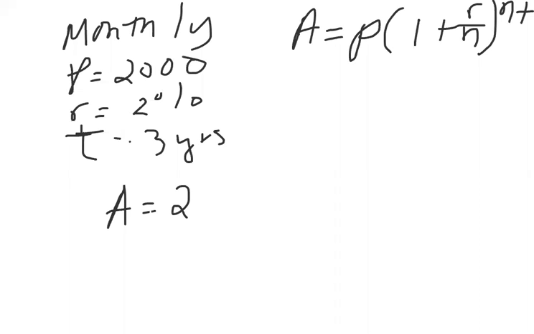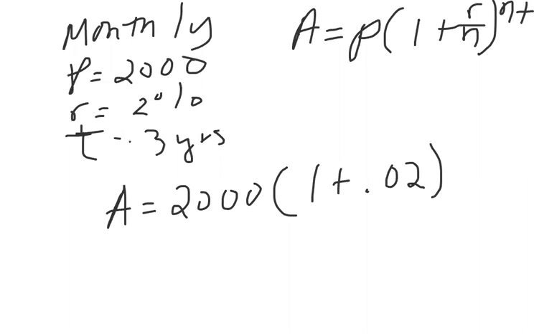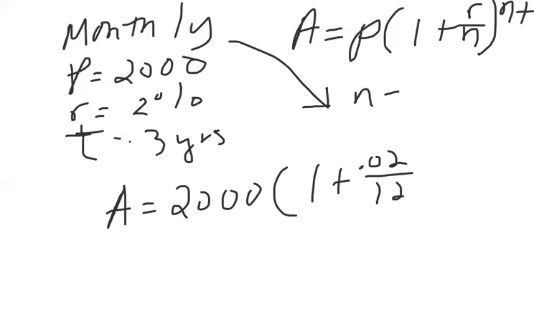So 2,000, open parentheses, 1 plus 0.02, and then we're going to, ooh, I forgot to divide it by, hold up a second, let's go back, I left something out, 0.02 divided by 12, because guys, monthly is 12 times per year, and then I'm going to raise this to the 12 times 3 power.